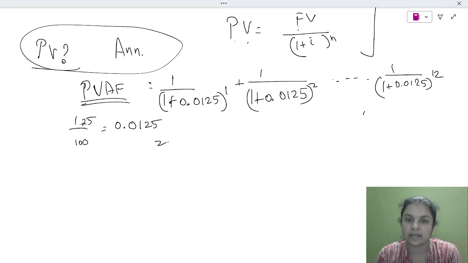Third time, just do equal to, M plus. Fourth time equal to, M plus. Like that do up to 12 times, and the last time press the MRC button. You will get the total PVAF for 12 periods. The chart will also be available, but sometimes in the exam hall if the chart is not available, you should know to calculate it on your own. That is why I am giving you the calculator shortcut.